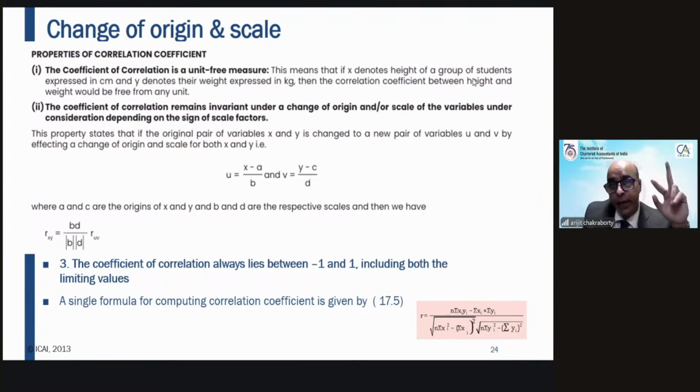Okay, that means X और Y अगर positive correlation है, लेकिन scale का जो factor है, यहां पे scale का factor क्या है? B और D. So B और D में अगर एक भी negative आ गया, then automatically the correlation coefficient between U and V, the sign will change.